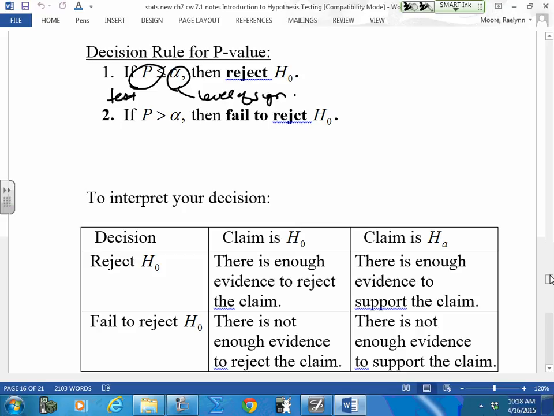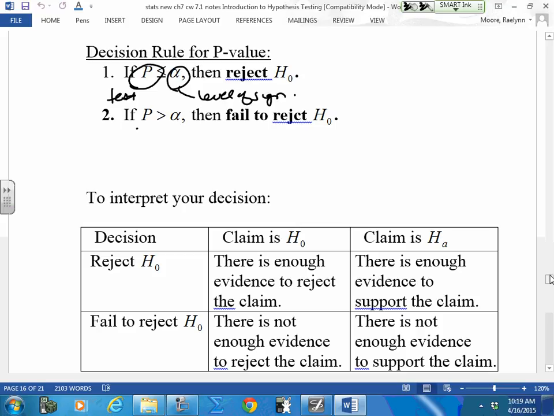That means it's smaller than the smallest error that we're going to allow. If the p-val from your test is greater than your level of significance, then you're going to say fail to reject HO.